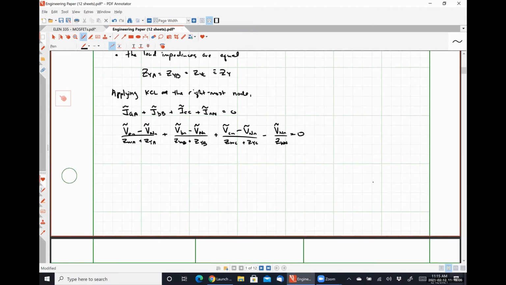If my network is balanced, this will reduce fairly easily, okay?